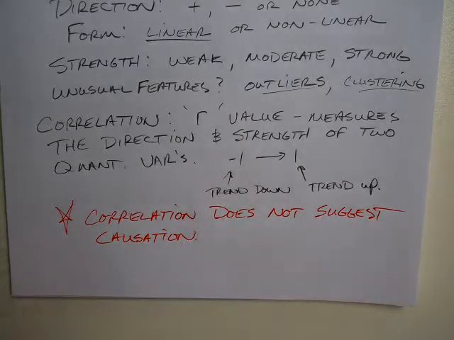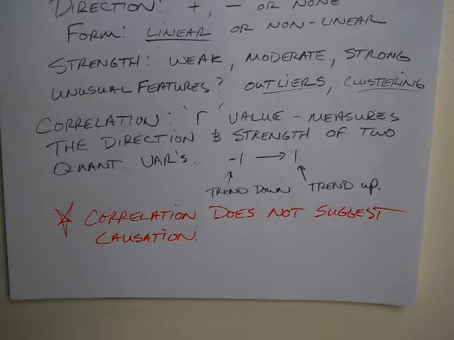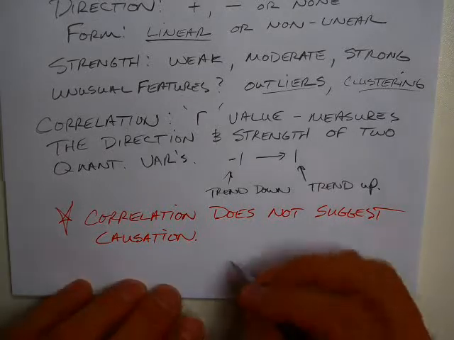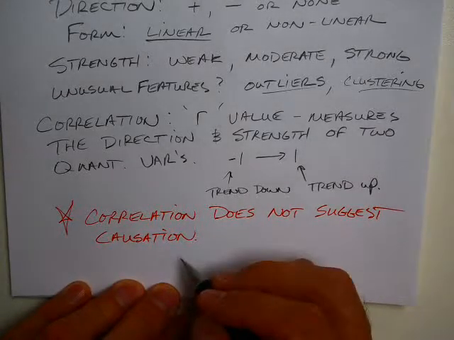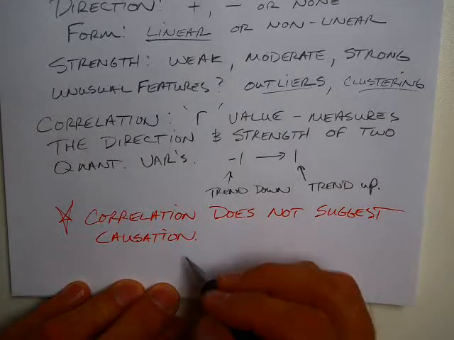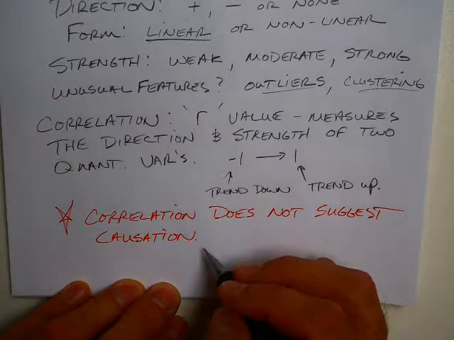Very early on in this class, I mentioned something that'll come up again and again. Hot dogs and lung cancer, right? There is a correlation between how many hot dogs you eat and your likelihood of getting lung cancer. But that does not suggest that the hot dogs cause the lung cancer, right?